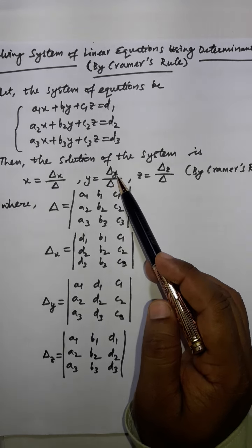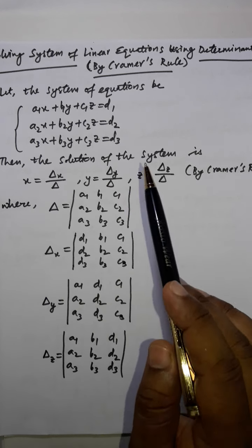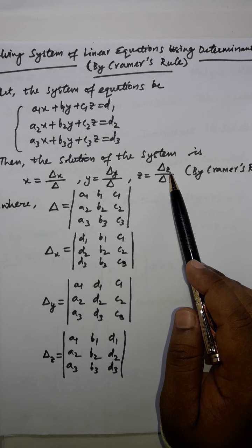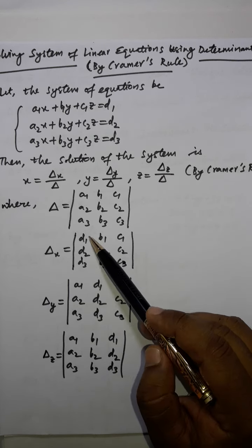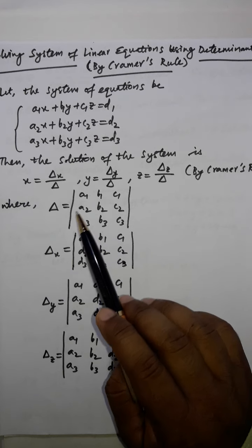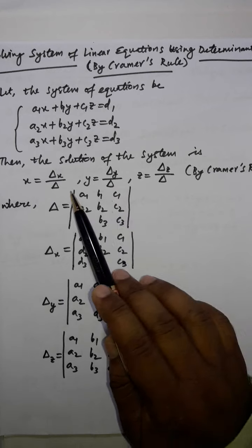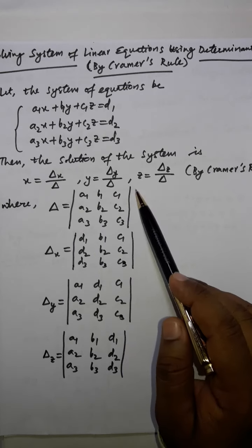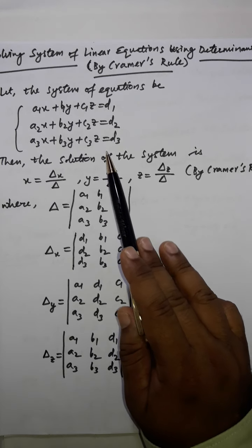Similarly, del y means del obtained with respect to y, and del z is also a determinant obtained with respect to z. In which respect it is obtained, we are going to discuss below. The del which is in the denominator of all 3 values is nothing but the determinant of the coefficient matrix obtained from the system.